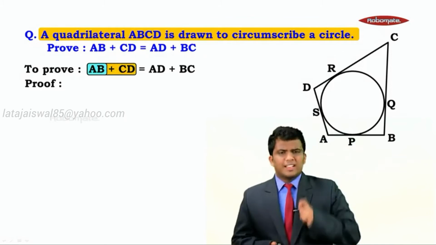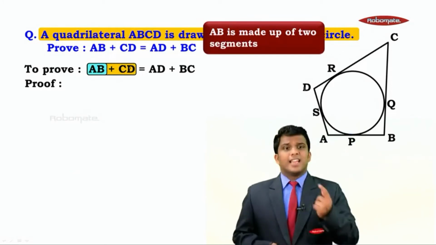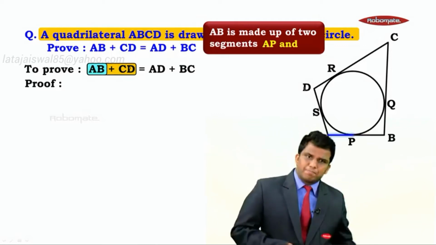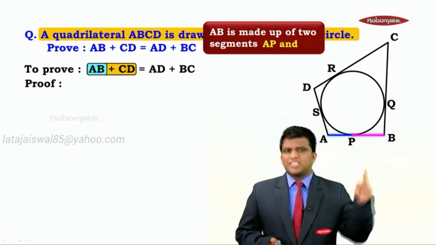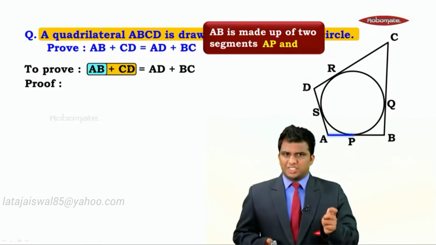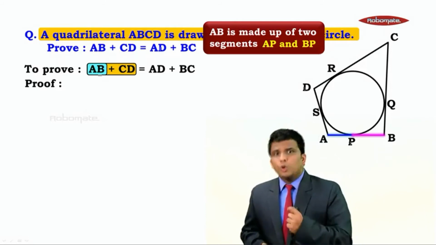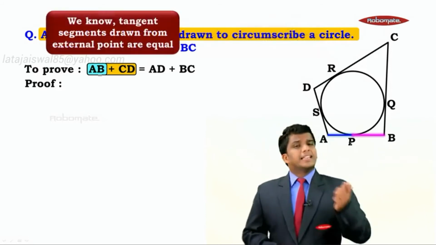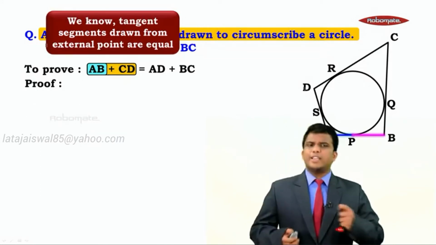Now, if you look at the figure, we can see AB is made up of two segments, AP and PB, correct? Now, children, because we mentioned all the four lines are the tangents for the circle, A is an external point. And we know for sure that the tangents drawn from an external point to a circle are always equal in their length.